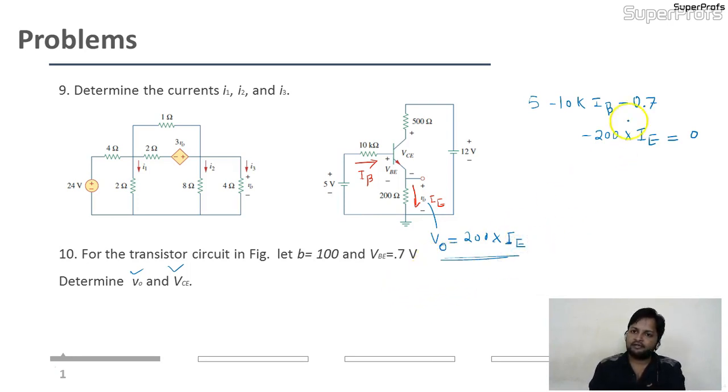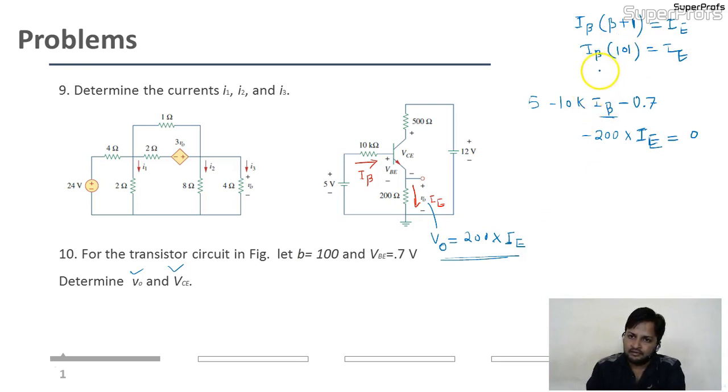Yes, we can easily find the value of the emitter current by replacing IB. How will I replace this IB? Because I know IB times beta plus 1 is nothing but IE. Beta's value is given as 100, so IB times 101 is nothing but IE.